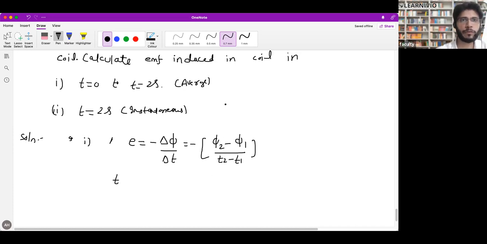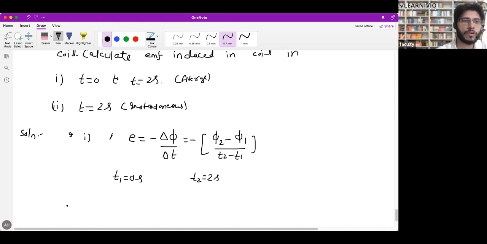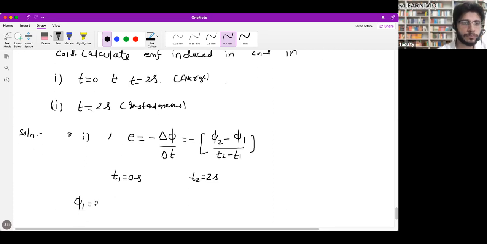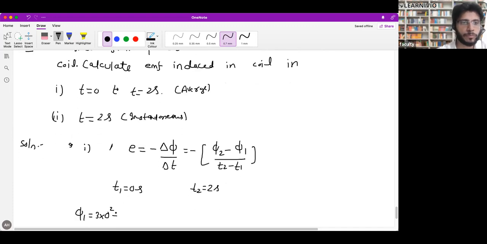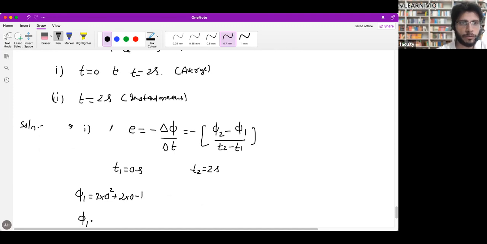So how much is t1? t1 is 0 seconds. How much is t2? t2 is 2 seconds. How much is phi 1? Just put the value of t in the equation: 3 into 0 square plus 2 into 0 minus 1. So phi 1 is minus 1 Weber.